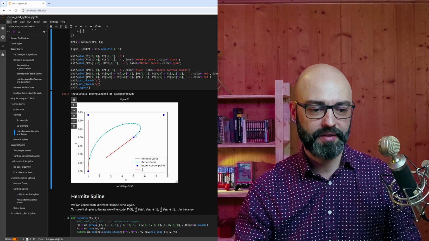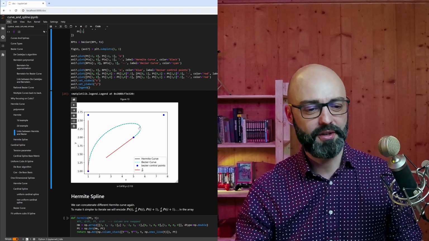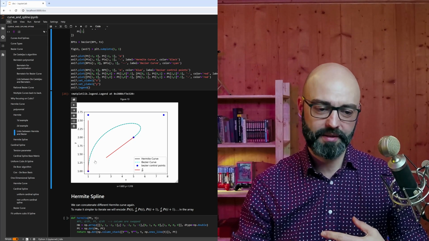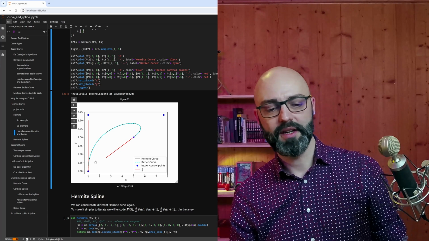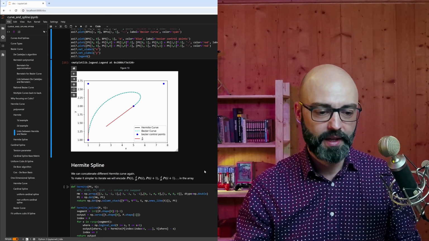And that's the Bezier curve, and that's the blue dot. And you can see that they're perfectly aligned. So they both are computing exactly the same thing, just a bit differently on how you do it.